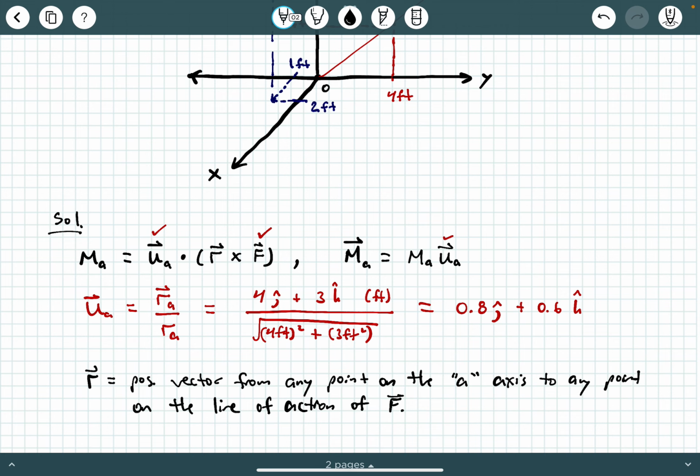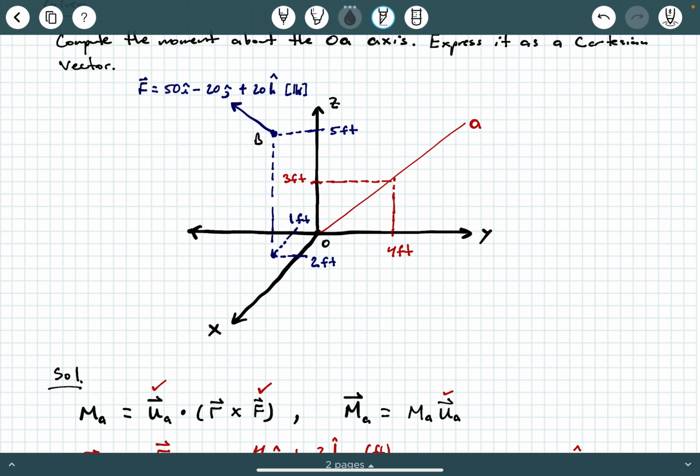Now, you might be thinking, well, Dr. A, you already wrote that down in the background video on this material. Yeah, I did, but I'm writing it down again because we want to make sure we really understand this. That position vector R can be a position vector from any point on this A-axis to any point on the line of action of that vector F. So I could grab a point right here and then come all the way over here to the line of action of that vector, and I can use that as R. Now, what you would want to do is establish your position vector R based on convenient points, okay?